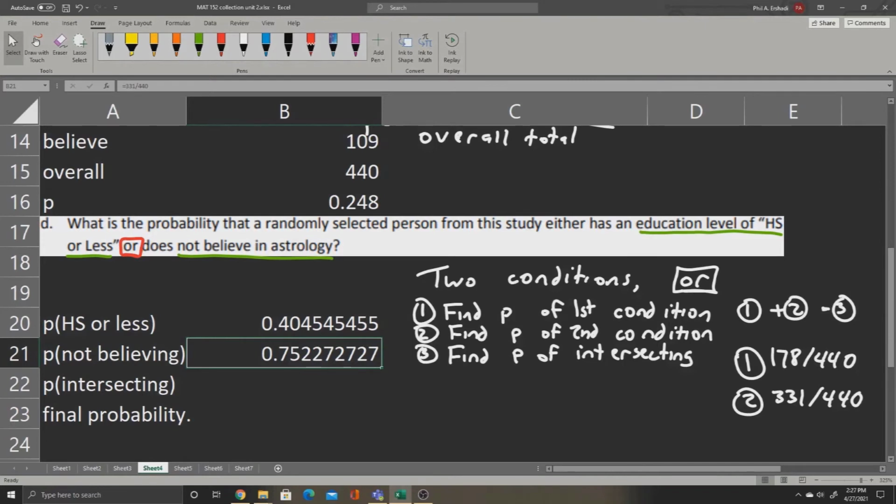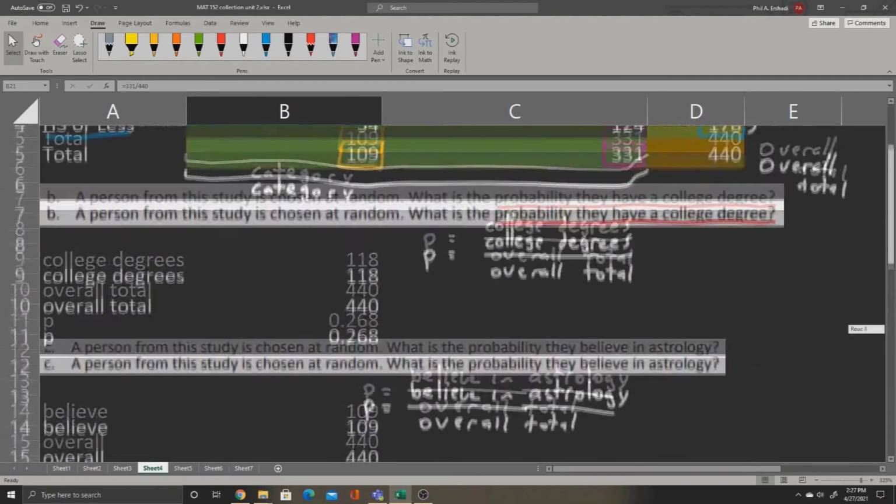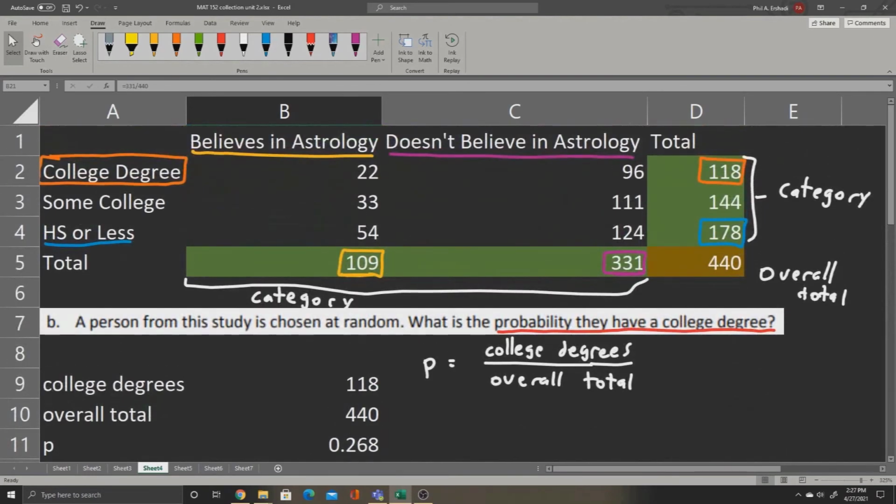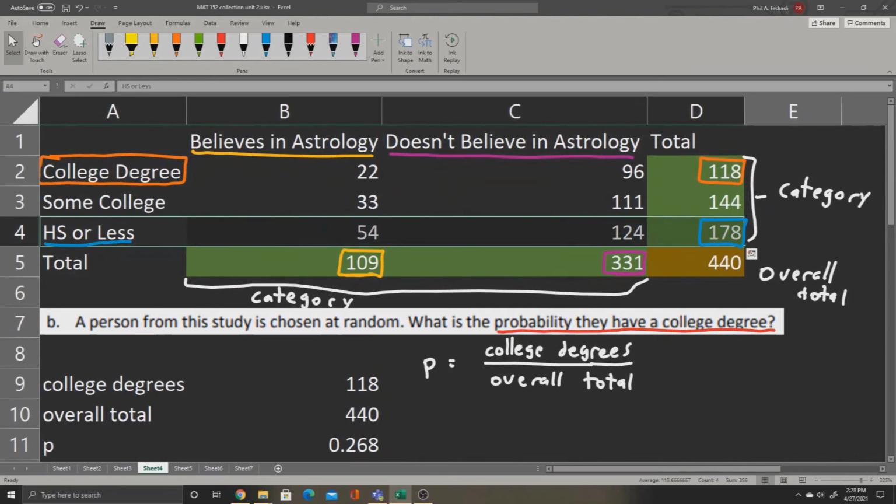Now, to find the probability of the intersection, first we need to locate high school or less and not believing in astrology. So high school or less was our third category in row 4, and not believing in astrology is our category in column C. So where row 4 meets column C is located here in cell C4.